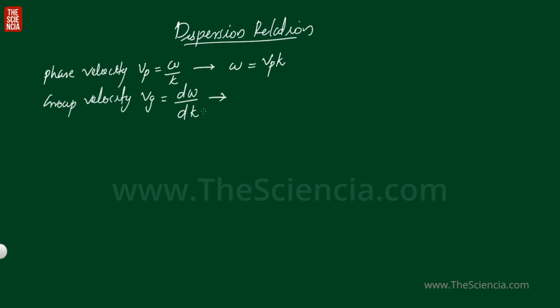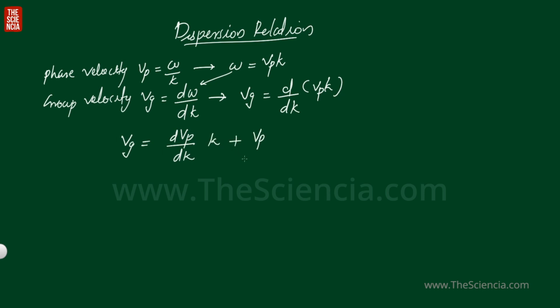Now I am modifying this equation by substituting this omega value here, that is Vg is equal to d by dk of Vp into k. So what we get? We get Vg is equal to the derivative of Vp, that is dVp by dk into k plus Vp. And I told you here this k is nothing but 2 pi by lambda.